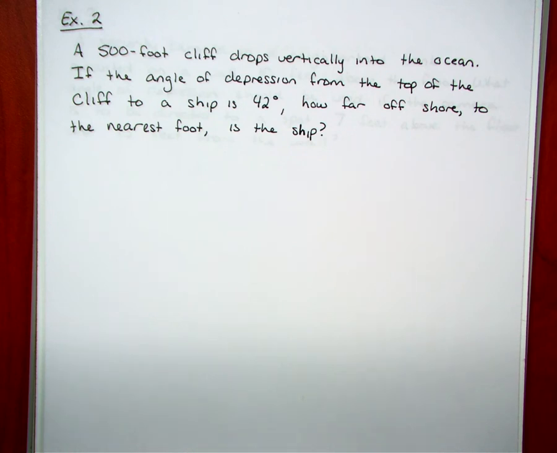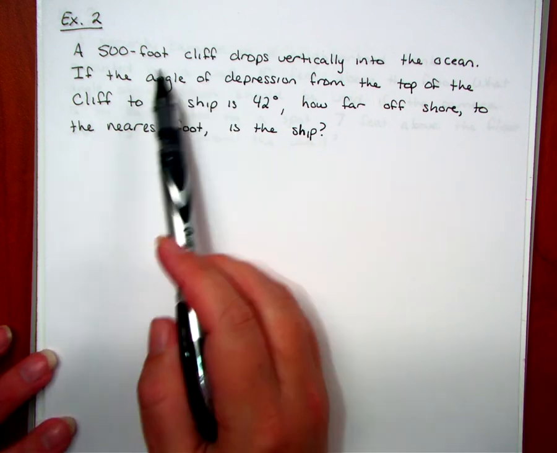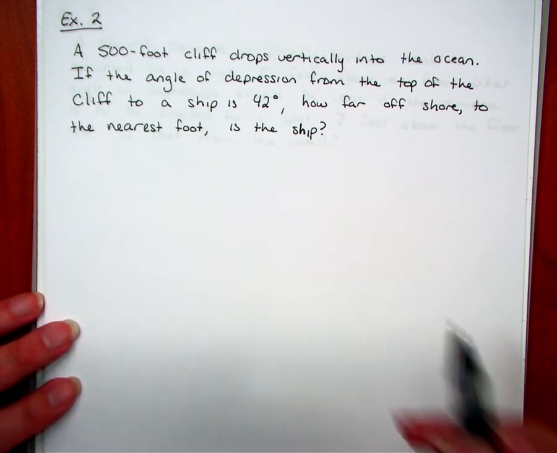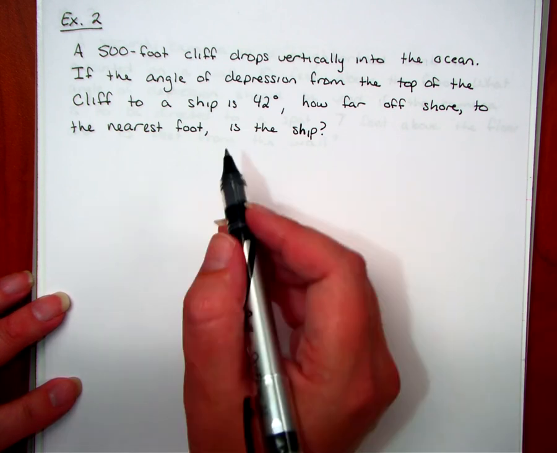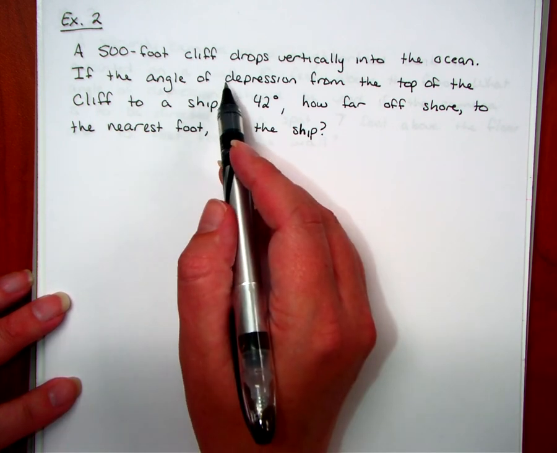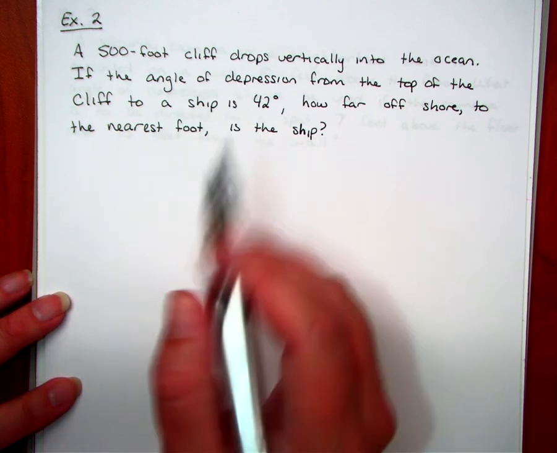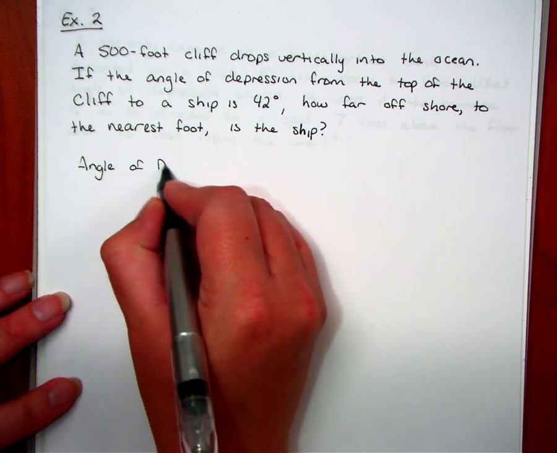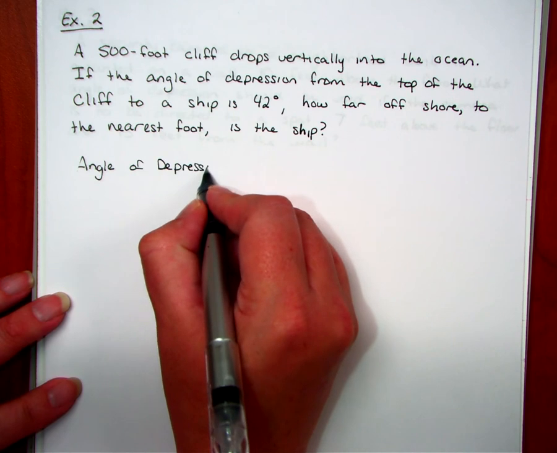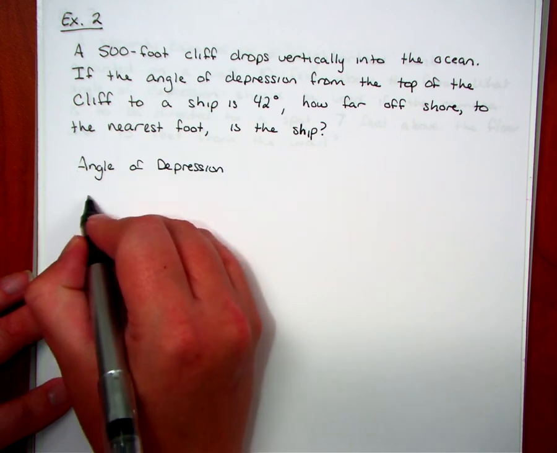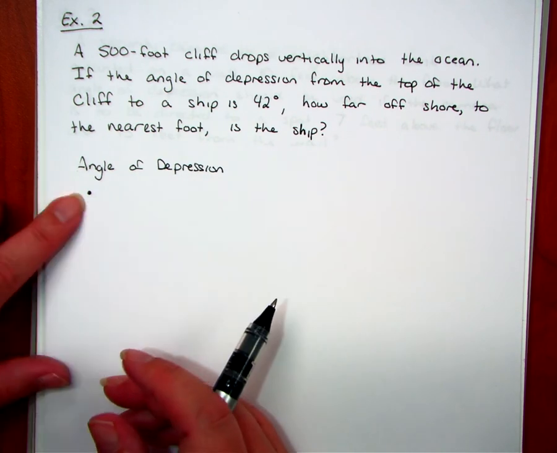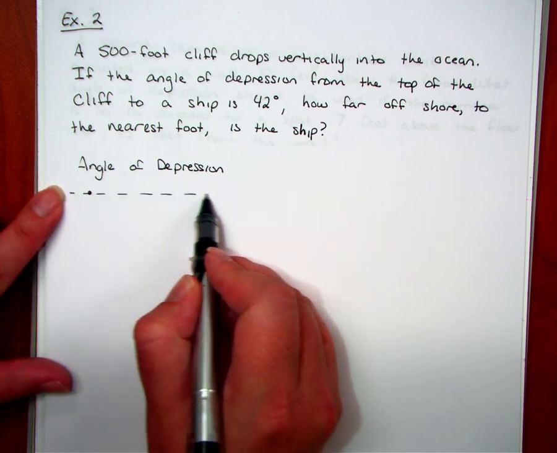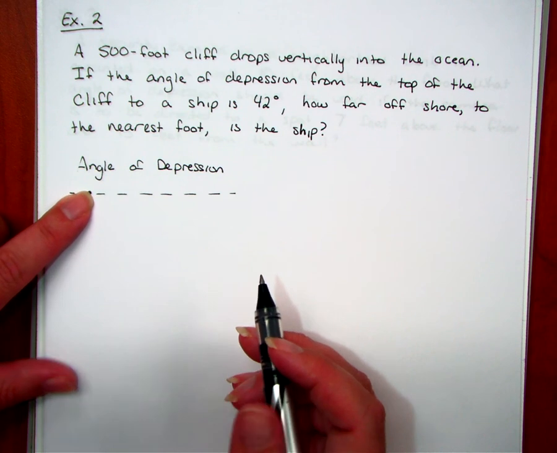All right, so this example is talking about an angle of depression, right? So I just kind of like to talk about angle of depression. So an angle of depression starts from a horizontal line and is rotated down. So I'm just going to draw a generic angle of depression here. Right. So if I have some point in space here, I have a horizontal line of view coming from that point in space.